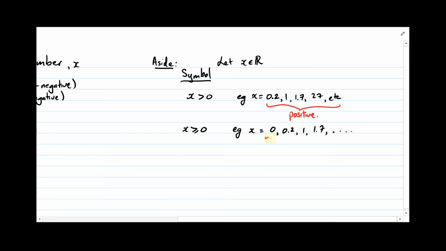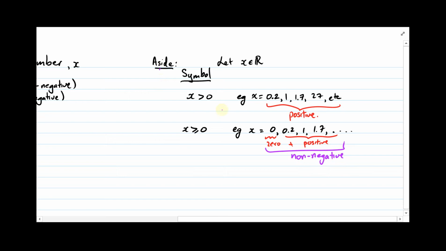If we examine this, we have 0 and we have the positive numbers. So together, when I have positive numbers and 0 is included, we say that overall this is a non-negative number.